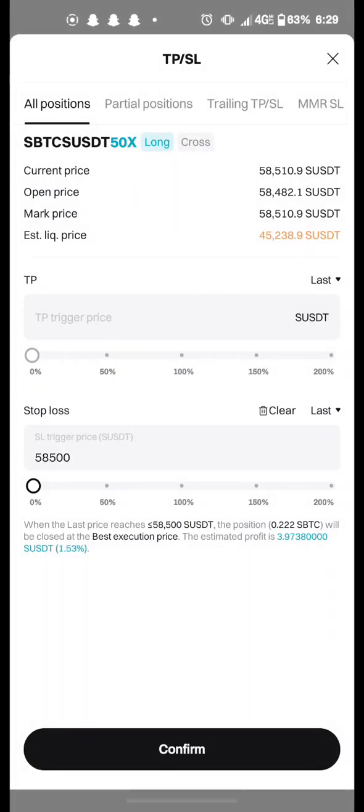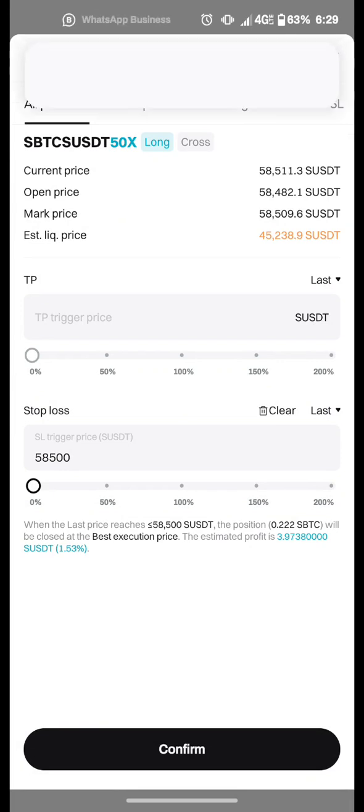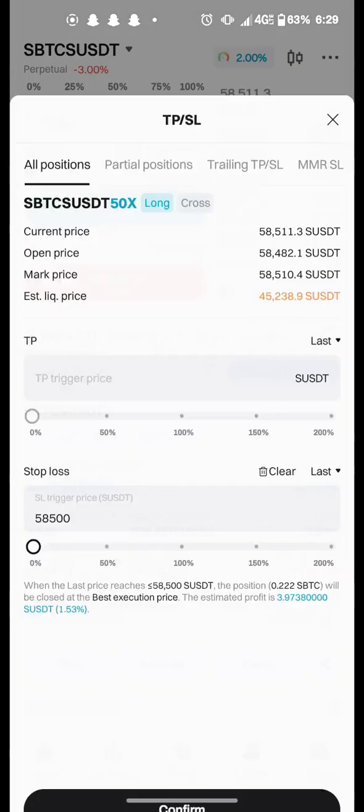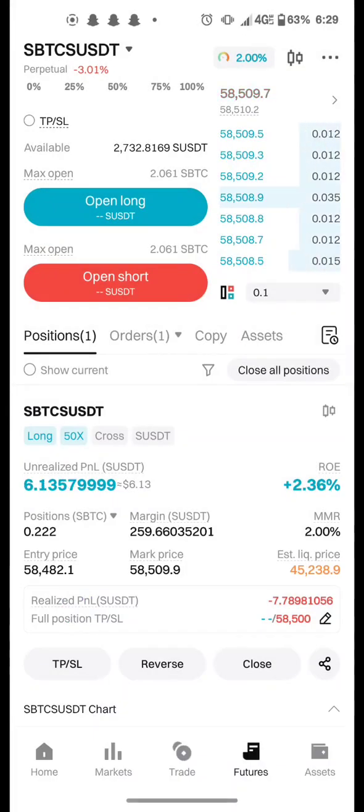If the trade should go down, it's 3.96. If the trade should go down below 5.3%, what happens? It will give me what? The profit I have locked.